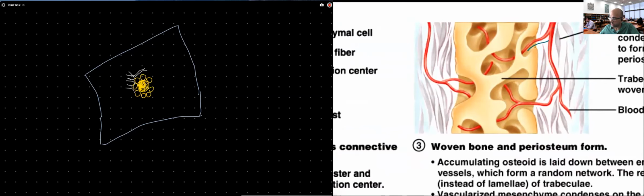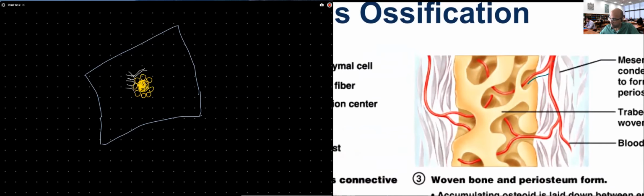So what I'm doing here is I'm avoiding them and building my trabeculae around the already existing blood vessels. And this is why I have this irregular form of the trabeculae, which is going to become the spongy bone forming the internal core of my flat bone.